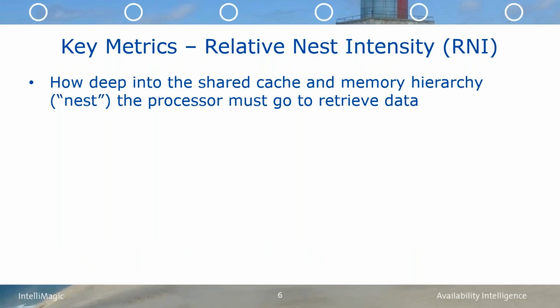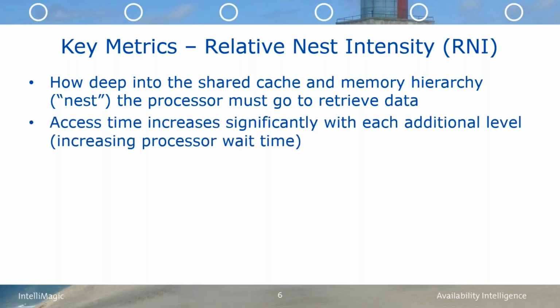So fortunately, IBM provides a metric that correlates closely with the unproductive cycles represented by that blue line, and that is relative nest intensity, RNI. That quantifies how deep into the shared processor cache and memory hierarchy, which is called the nest, the processor needs to go to retrieve data and instructions when they're not present in level 1 cache.